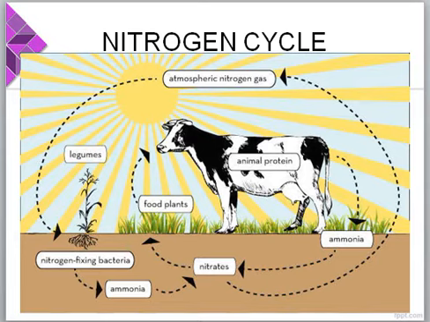The last step is the denitrification. Denitrification, as I've said, is the reduction of the nitrate to gaseous nitrogen. And the one that performs denitrification is the denitrifying bacteria. And this is usually in an anaerobic environment. That means there is an absence of oxygen.